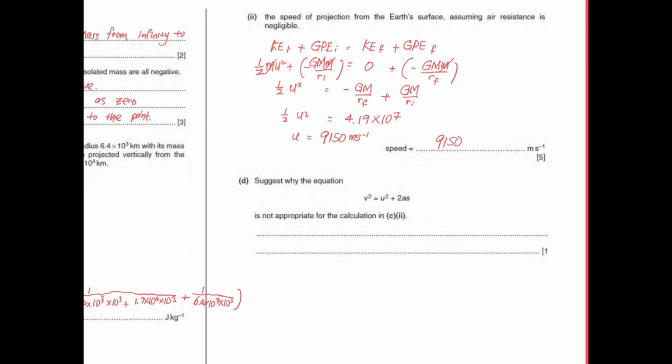This is the formula in linear motion, the SUVAT formula. For all those formulas, we must remember the basic concept is that a is a constant, but here it is not. a is not constant.